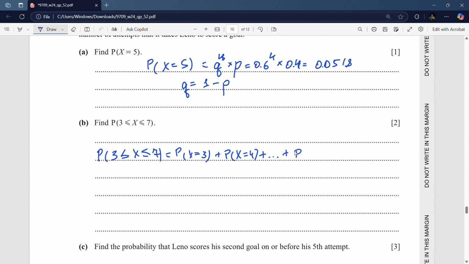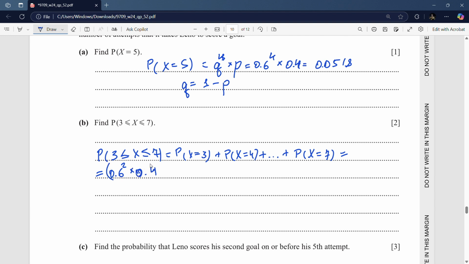Okay, so we will have X equals 7. Which means here we are using the geometric distribution again, but we're doing it separately for each of the numbers from 3 till 7. For example, 0.6 squared multiplied by 0.4.